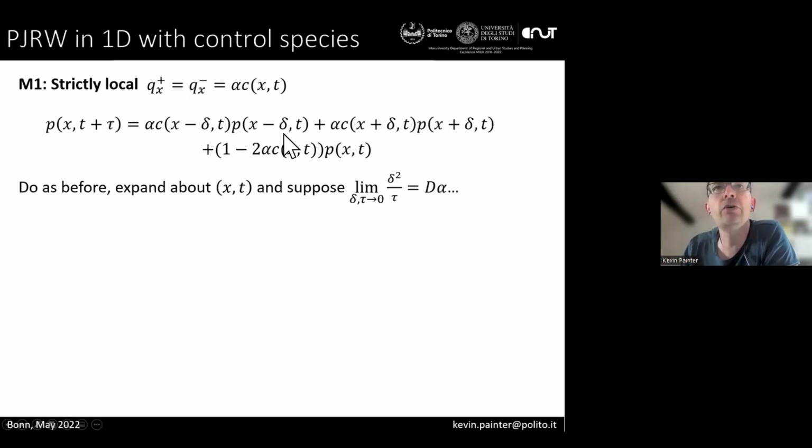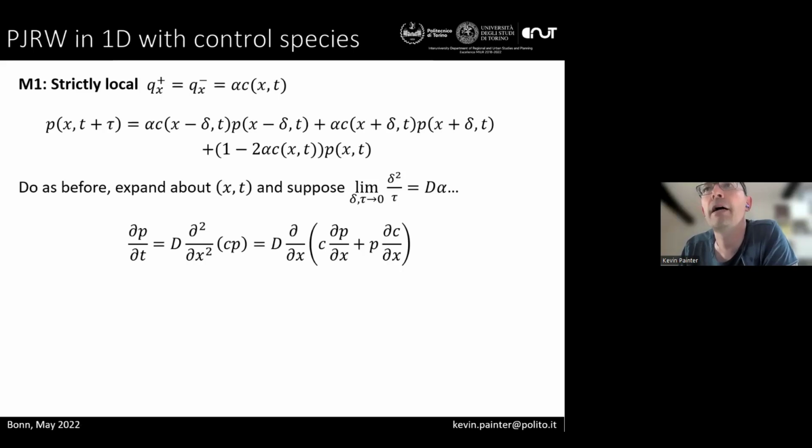You do exactly as before, you expand about xt and you take a limit, and in this case, you can take a parabolic limit, such that the limit of delta squared over tau is equal to d alpha. Oh, sorry, there's actually a typo here, sorry about this. There should be the limit of alpha delta squared over tau is equal to d.